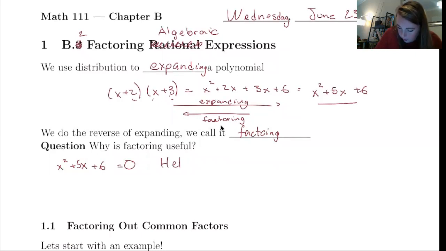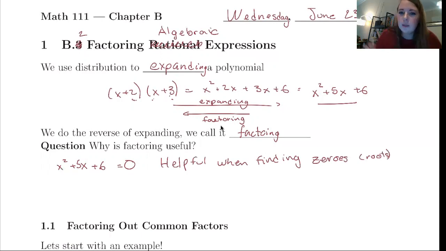So it's helpful. That's not how you spell helpful. So if you're trying to find a root of a polynomial, it's when the polynomial equals 0.